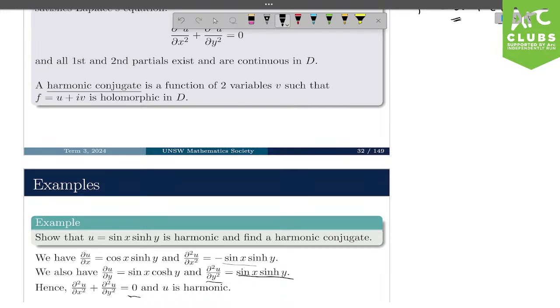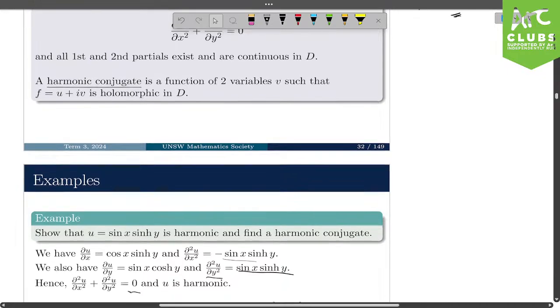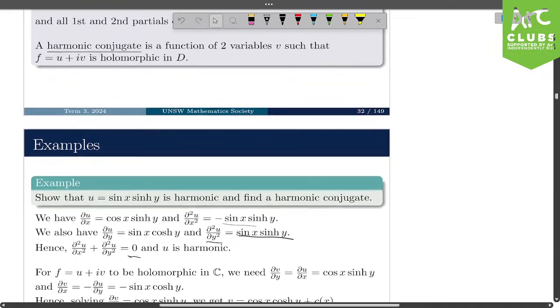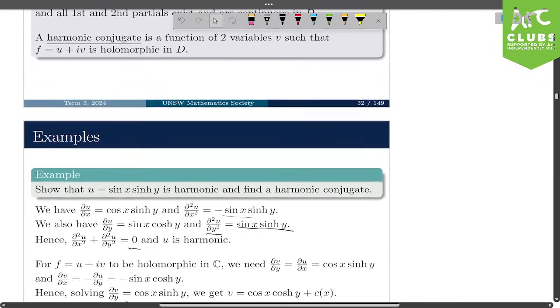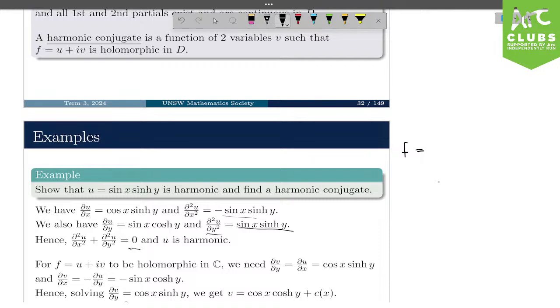Finding a harmonic conjugate is a little more subtle. First we have to find an expression for v. We have that our function f that we're looking for is equal to u plus iv. We have u, and we're trying to find this component v.